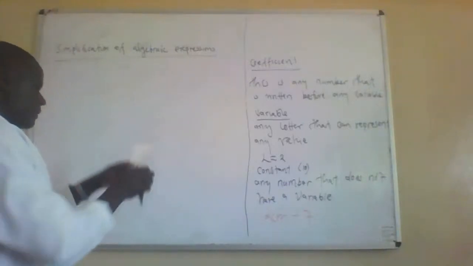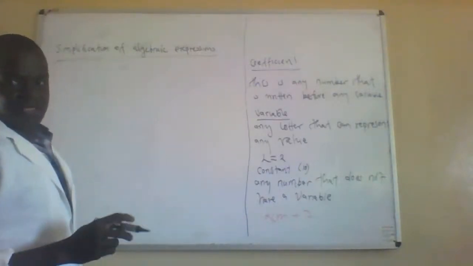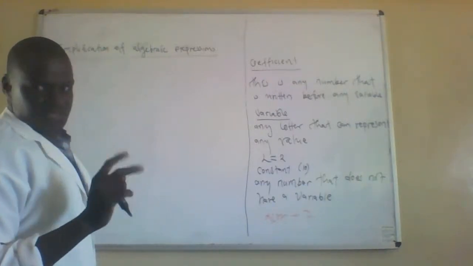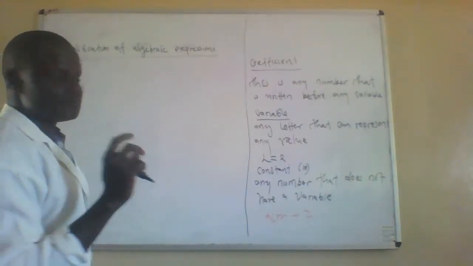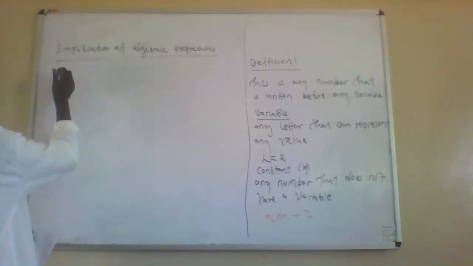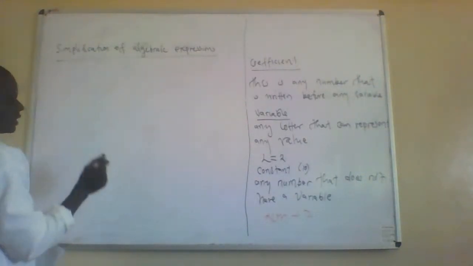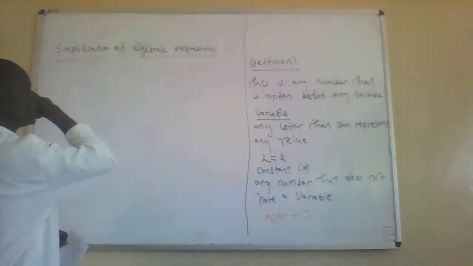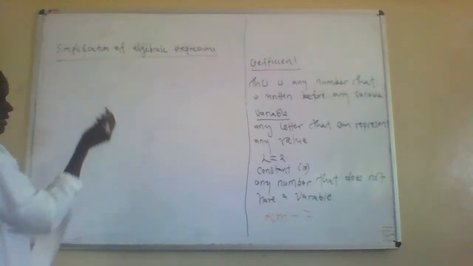Okay, now, under simplification of algebraic expressions, there are two important terms that we need to understand. There are two very important terms that we're going to encounter every now and then as we do more of the algebraic expressions. What terms are they?